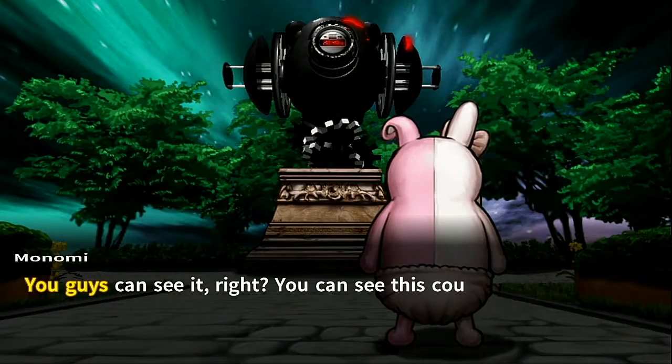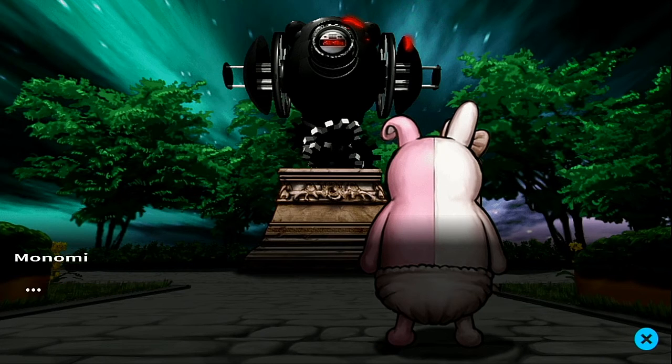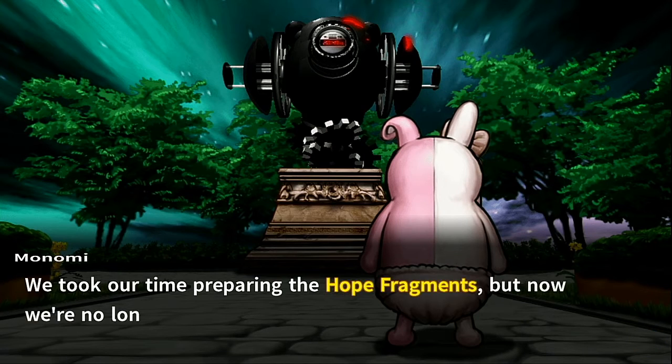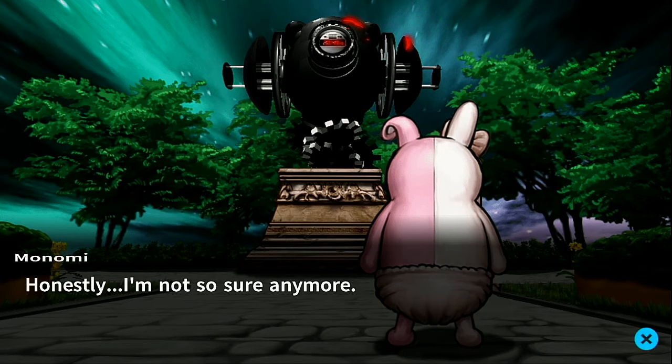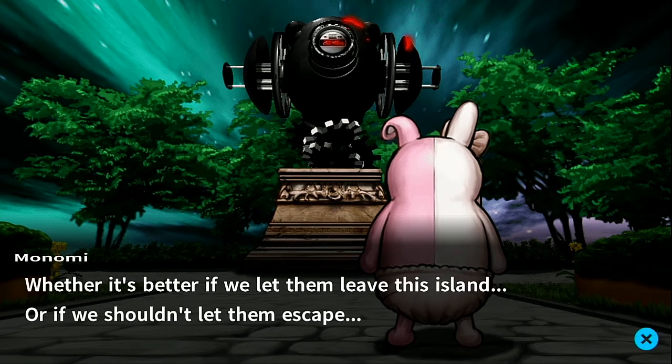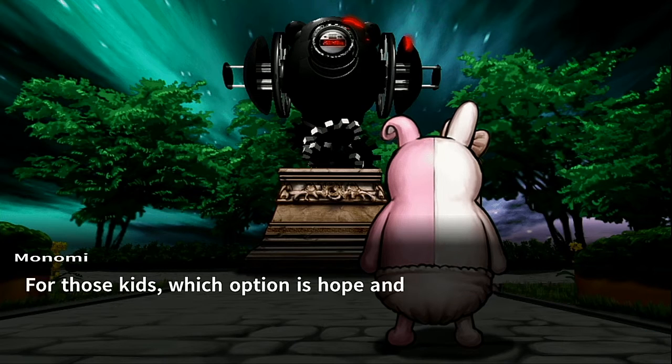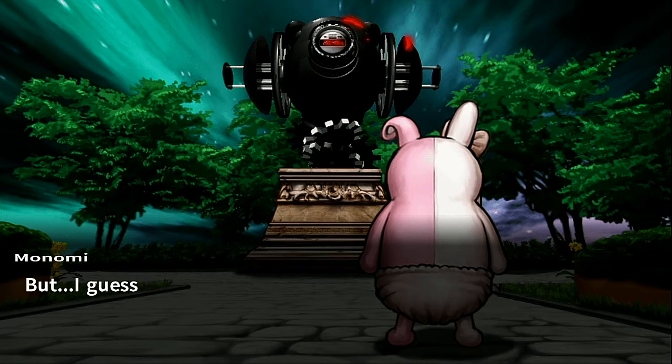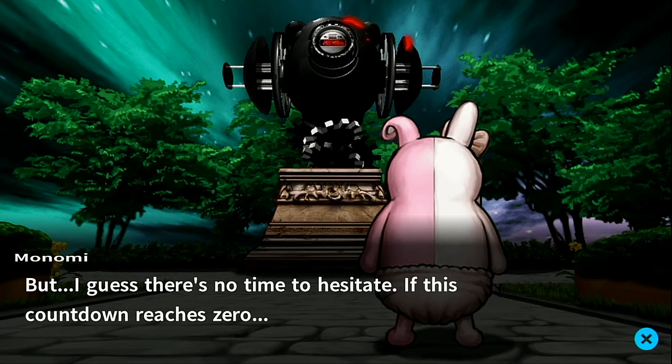You guys can see it, right? You can see this countdown too? Poor people are already gone. We took our time preparing the hope fragments, but now we're no longer able to gather them. Honestly, I wonder if it's better if we let them leave this island, or if we shouldn't let them escape. For those kids, which option is hope and which is despair? But I guess there's no time to hesitate.